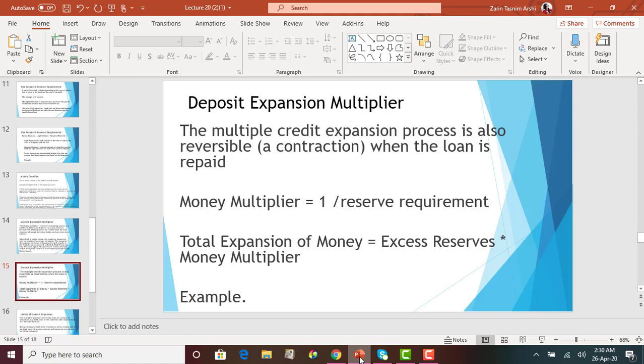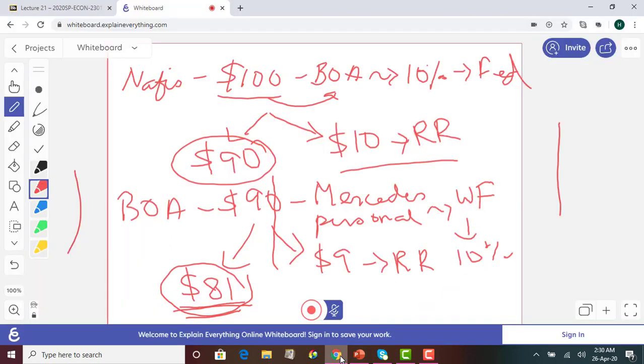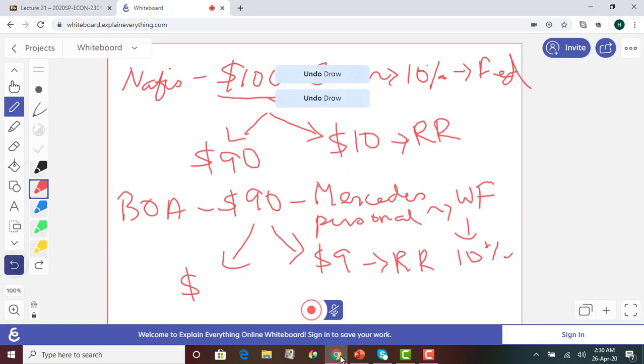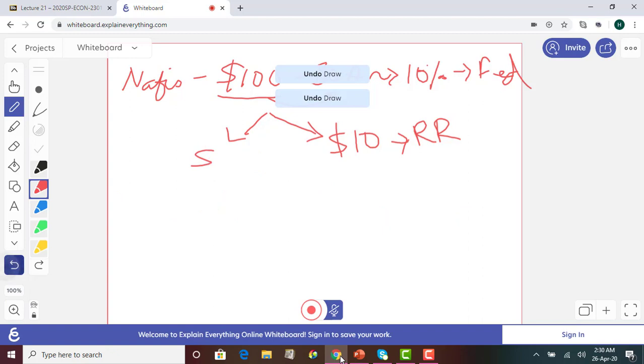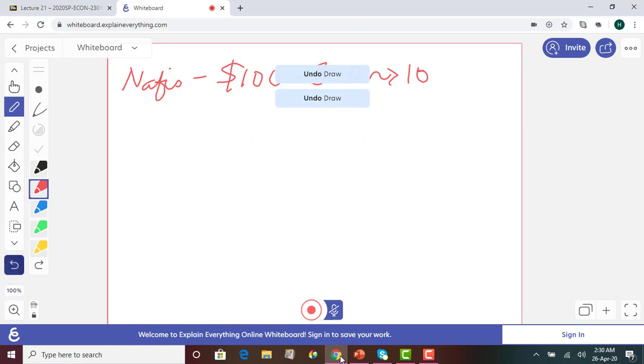Remember, money multiplier is equal to 1 divided by required reserve rate, and total expansion of money is given by excess reserves times your money multiplier. So let me do an example so it's clear to you guys. I'm going to be doing an example on this board, so make sure you understand how to calculate the money multiplier and the total expansion of money.